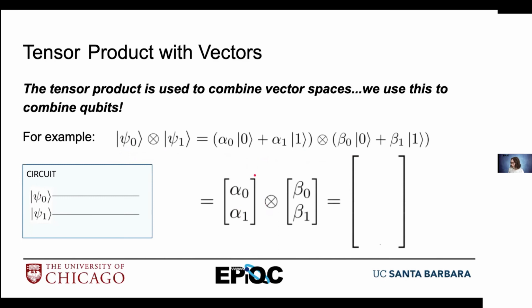We're going to go ahead and take every element of our first vector and use that as a coefficient times the second vector. So we'll have A0 multiplied by B0, A0 times B1. So that's going to create the top elements of our vector. And then we're going to take A1 times B0, and then A1 times B1.